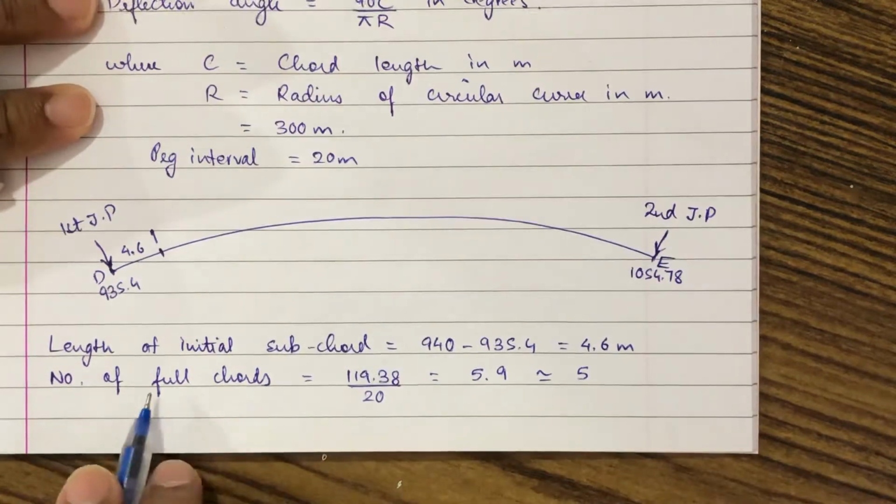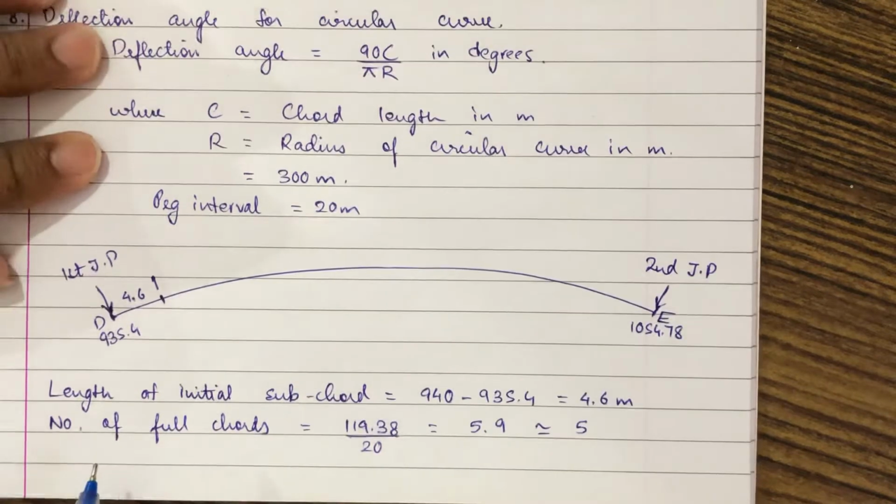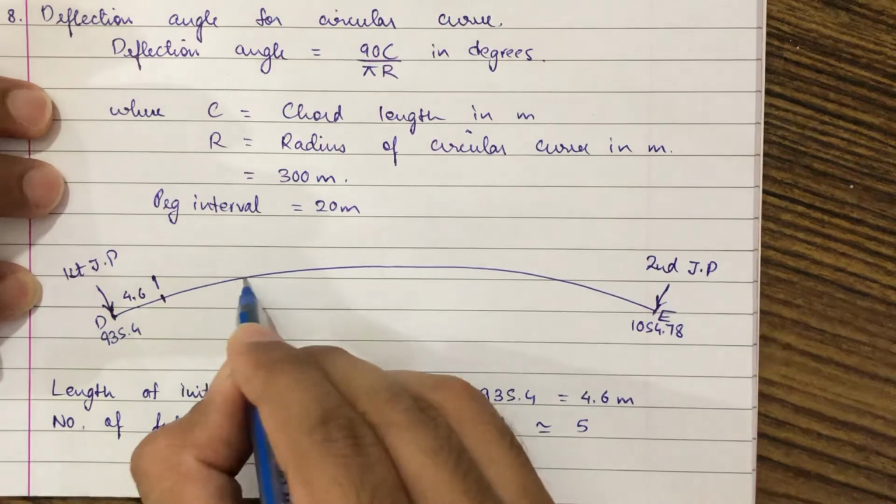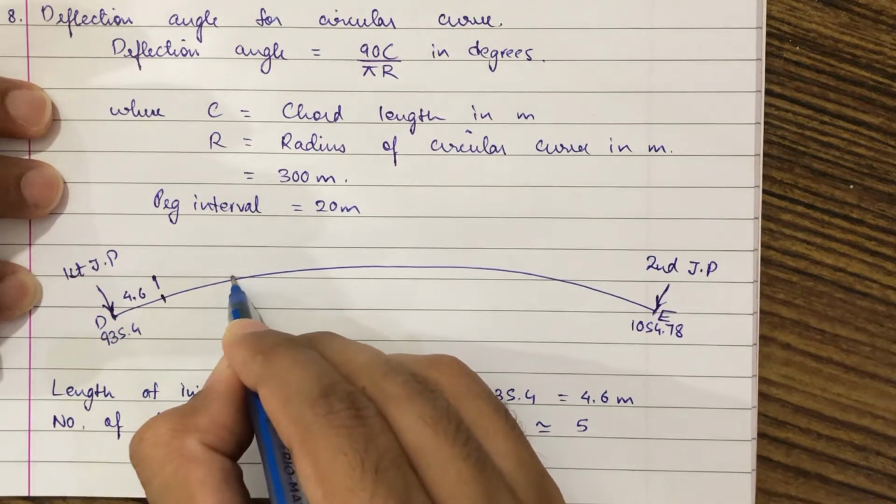Hence the number of full chords is 5, and each chord is of 20 meter length. From here till here, this is one chord.